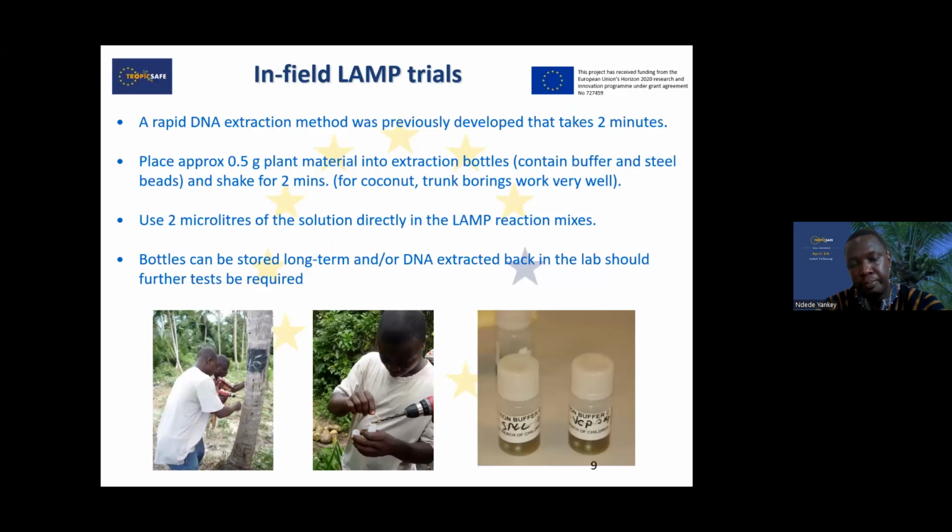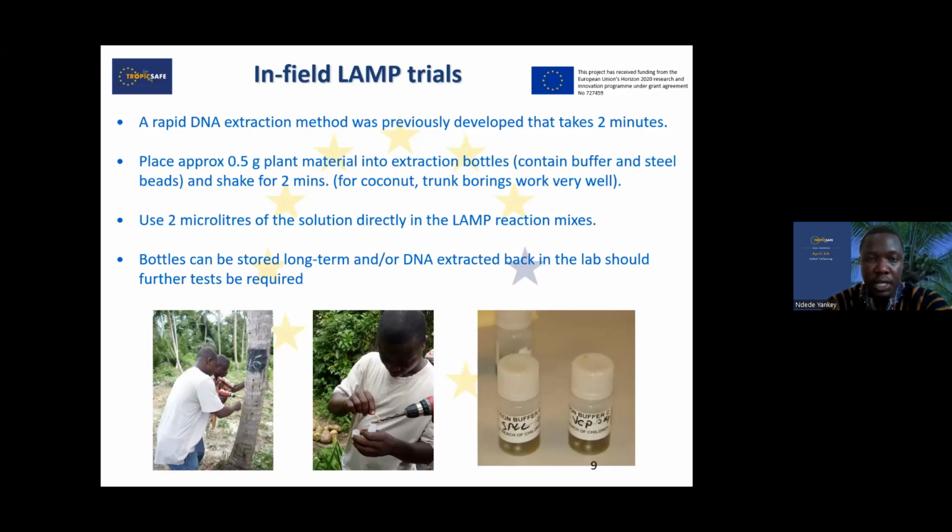Now, having validated the assay in the lab, we went out into the field to test the method in the field. And as I mentioned earlier, for LAMP to be used in the field, you need a rapid DNA extraction method. And there's a method that has been previously developed. It takes about 2 minutes. And there is this commercial buffer which comes in a small bottle with steel ball bearings.